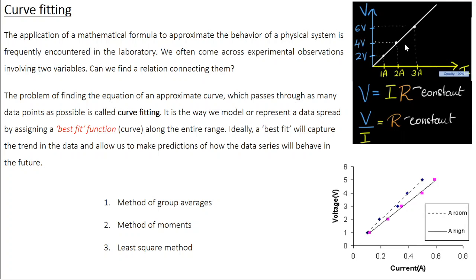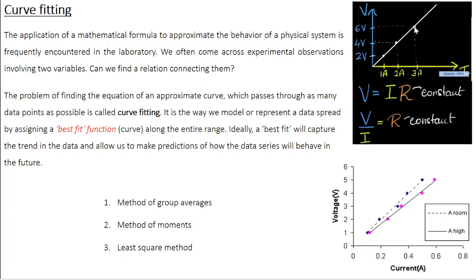Now, using this experimental data, I will try to see what the relation between voltage and current is, or what the function is which connects these two variables. When I take the ratio of voltage to current at each of the points, 2 volt by 1 ampere, this is a constant which is 2. At the second point also, voltage by current is a constant, which is true for the third point as well.